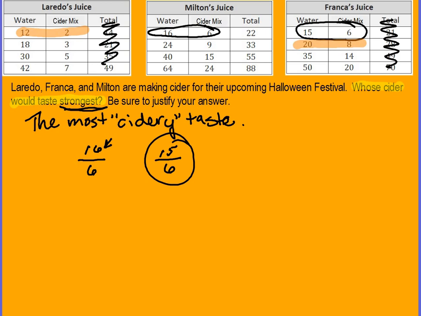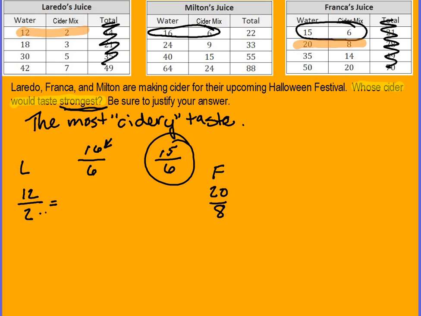I know that I can get 8 and 2, so I can get 2 to 8 using equivalent ratios. So when I have 12 parts of water for Laredo and 2 parts of cider mix, I want to know what that would be equal to for 8 parts, because Franca, when she has 8 parts of cider mix, has 20 parts water.